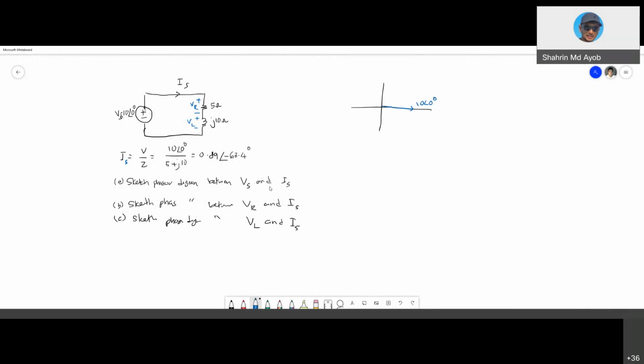And then your current Is, I think just put Vs for simplicity. As you can see, this one is negative 63.4, so actually going backward, negative 63.4.